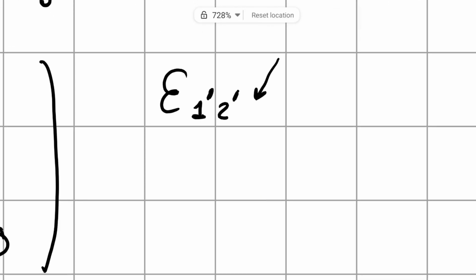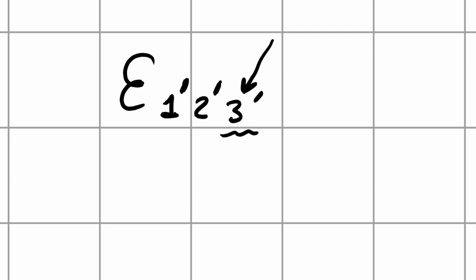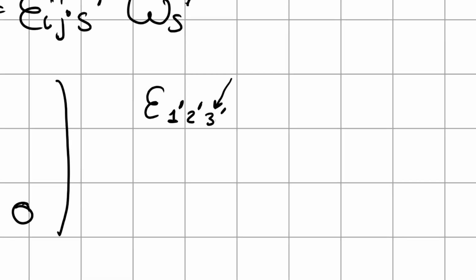And we know that for this to be different from 0, what we need is a 3 over here. Because if we put a 1 or a 2, again, this Levi-Civita symbol will be 0, because we have a repeated index. So we need this index to be different from the other two indices that we have here. So that means that this is going to be a 3, and we will have omega 3 prime, like this.